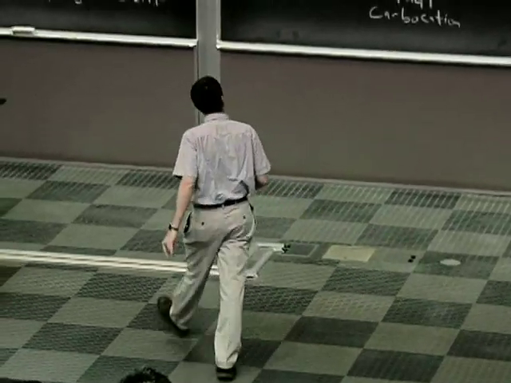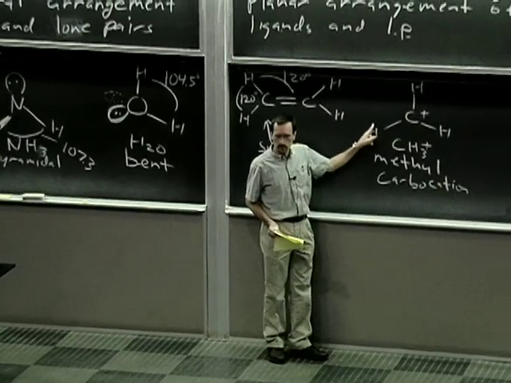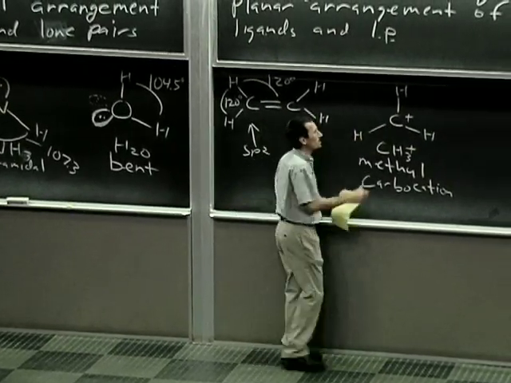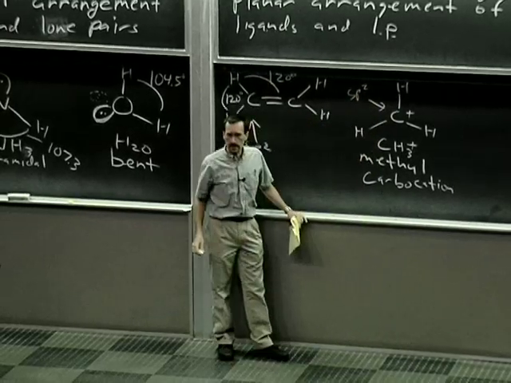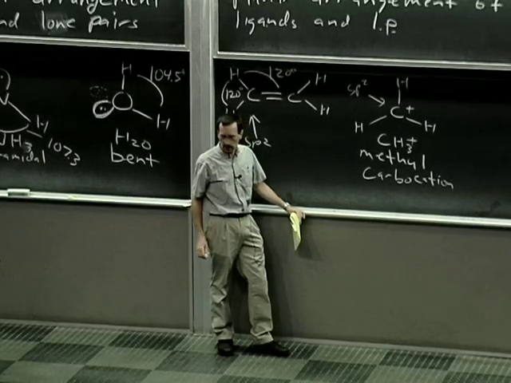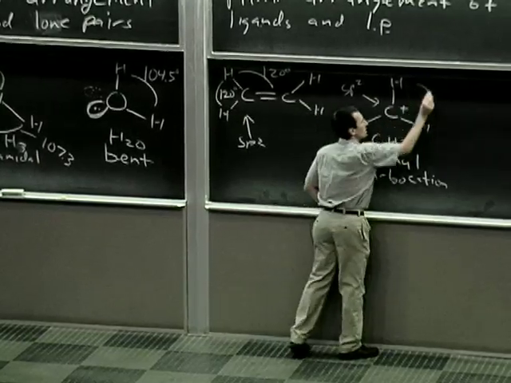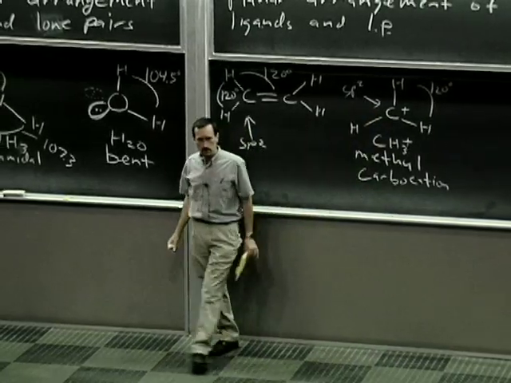So the methyl carbocation is also planar, trigonal. We have an sp2 hybridized carbon. We have 3 ligands around the carbon, no lone pairs of electrons, 120-degree bond angles, hydrogen, carbon, hydrogen.